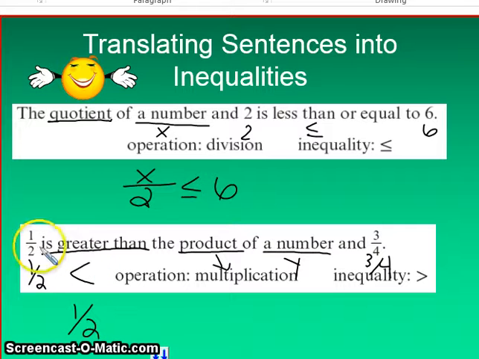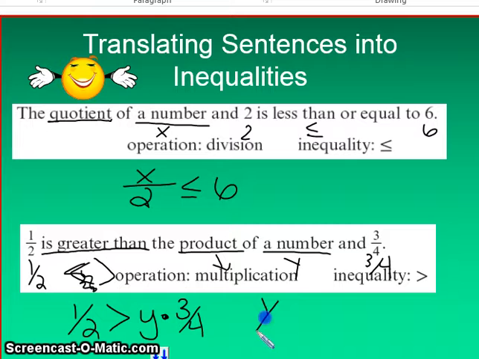Then my greater than symbol, because it's 1/2 is greater than. Whoops, sorry, this is not a greater than, that's less than. There we go. Is greater than the product of a number and 3/4. So a number I'm going to call y, and then since I'm doing product, I'm going to multiply it by 3/4. Now I could also write that as 1/2 is greater than 3/4 y, and it would still mean the same thing.